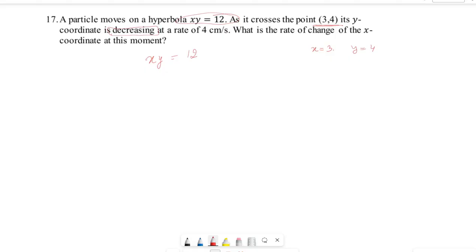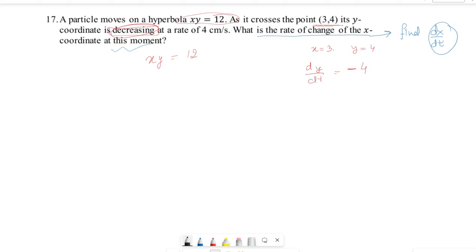Decreasing means the change in the y coordinate with respect to time is given as 4, but it's negative. Why is it negative? Because of the decreasing. Let's see the question. What is the rate of change of x? So what basically is asked is to find rate of change of x. X is changing with respect to time in the question, at this moment.